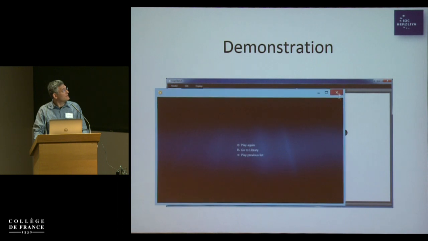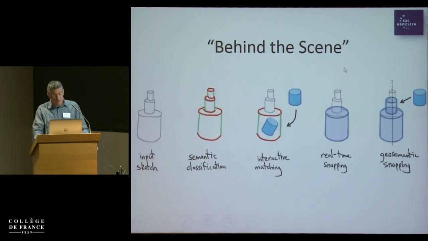Okay, let me close this. What's going on behind the scenes is that we start with an input sketch that a human drew, and then there's some semantic classification of the edges of the sketch, as I told you. Some of them are silhouette edges, some of them are maybe internal. And then the human only drags those primitives from a library of primitives and positions them more or less in the right place.